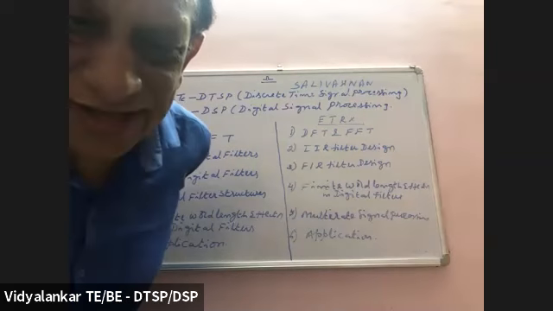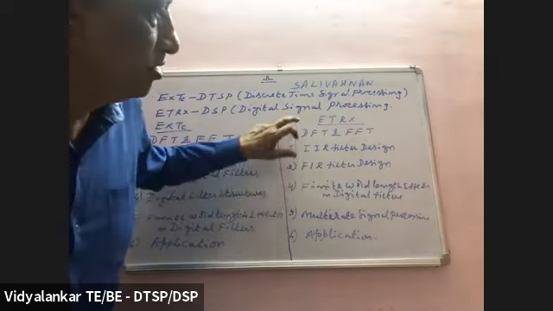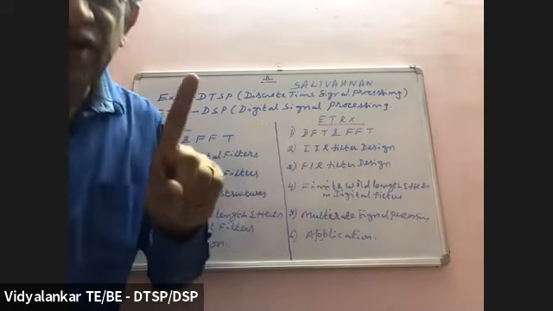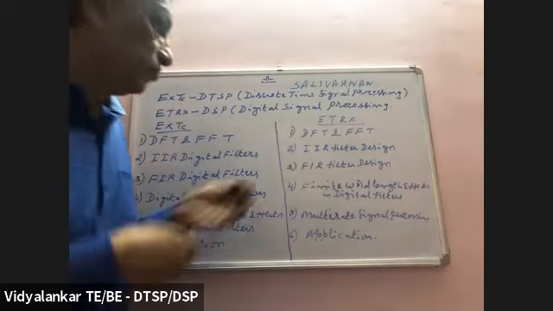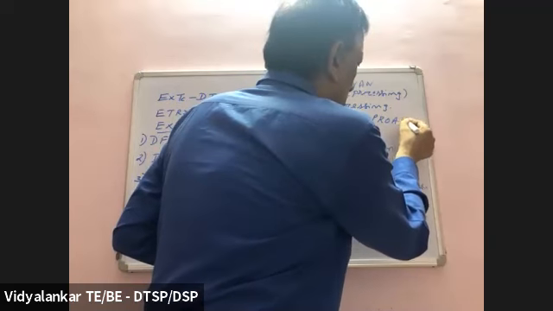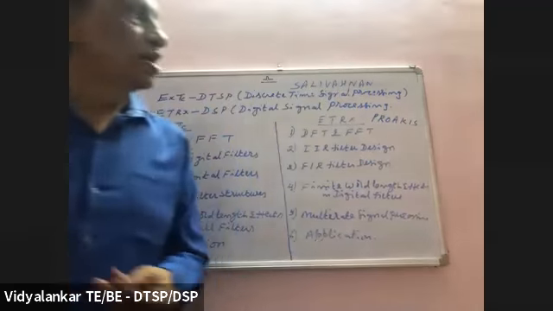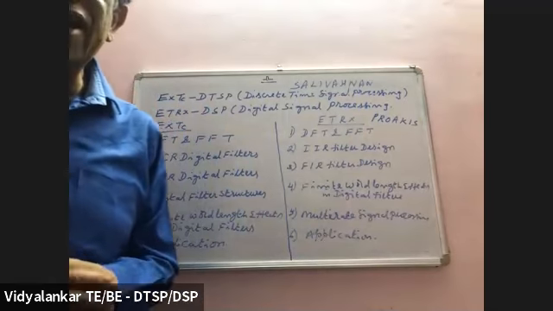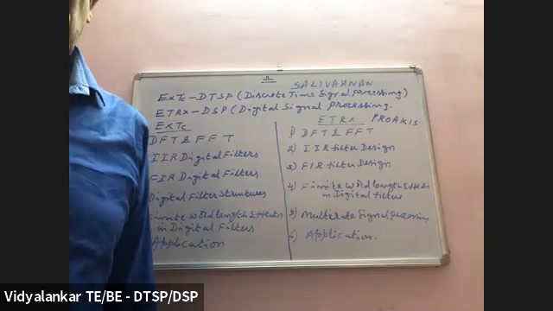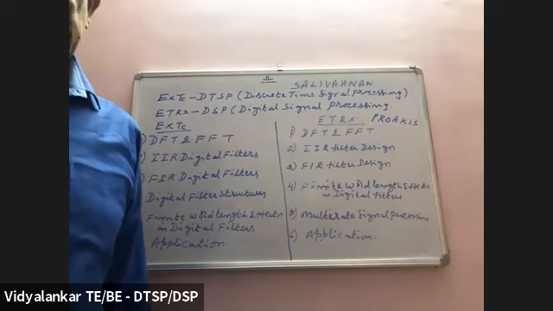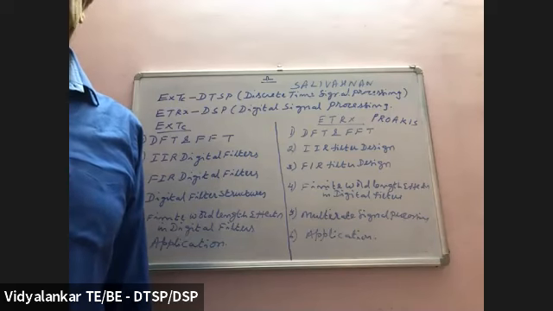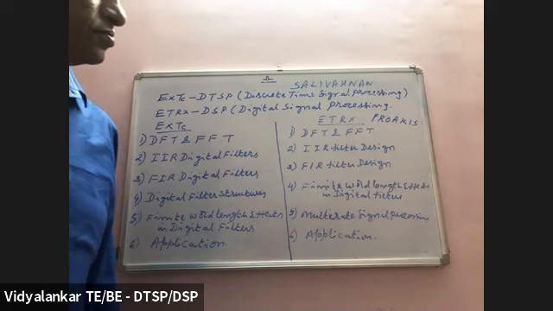The first one is Proakis. The other name is Proakis. It is a foreign author book, but it is the prescribed textbook for DSP.